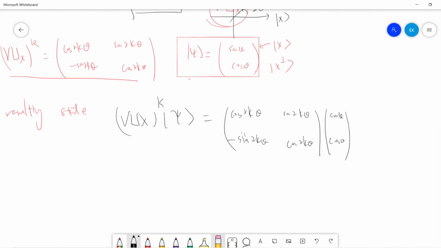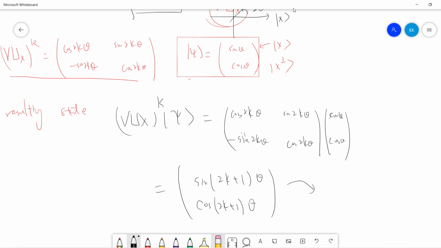Okay, so the result will be very easy. The first component is basically sine of 2k plus 1 theta, right? Because you get cosine minus cosine sine plus cosine sine, so you get this, and this is 2k plus 1 theta.